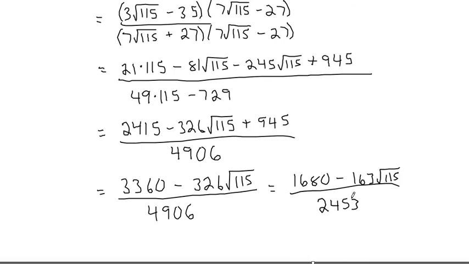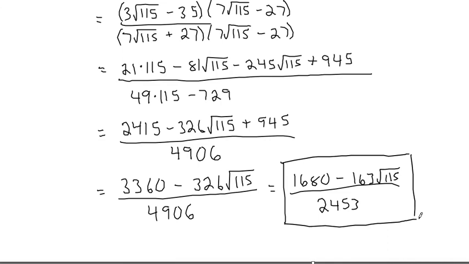2,453 is not divisible by 3, so we can't divide it by that. Is it divisible by 7? No. Is it divisible by 13? I could keep going, but I think that that's going to be fully simplified. To check for sure, you need to check all the numbers up to the square root of that number.